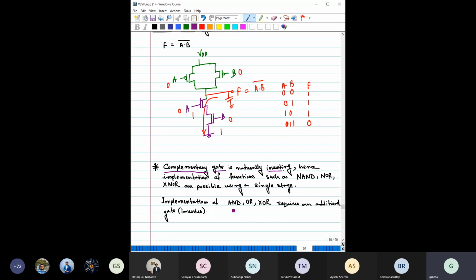Suppose if you want to design AND gate, OR gate or XOR gate using a single stage, then that is not possible. You have to use an additional gate, meaning an additional inverter. So suppose if you want to design an AND gate, then you first design a NAND gate, then use an inverter, to make an AND gate. This is because this CMOS implementation is naturally inverting type.